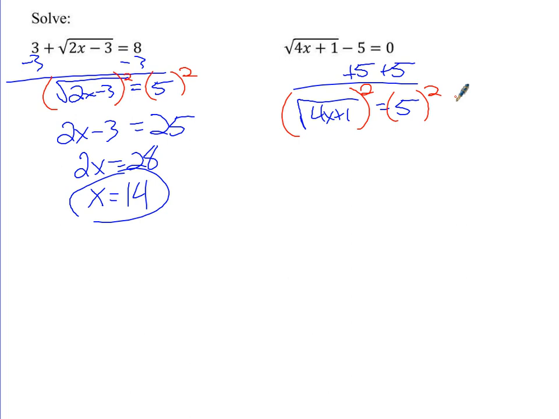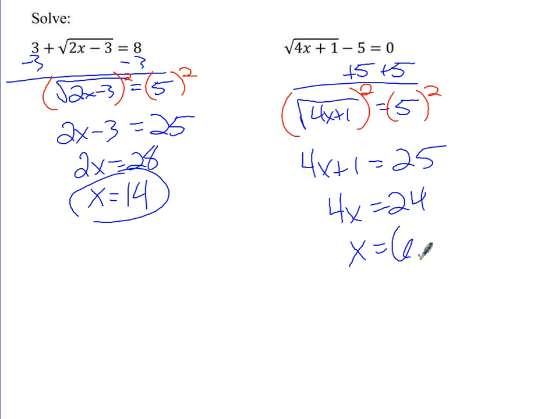If it was a cube root, what would we do? Okay, what do we get? Now what? So I got 4x equals, all right, so therefore x equals 6. Now what?